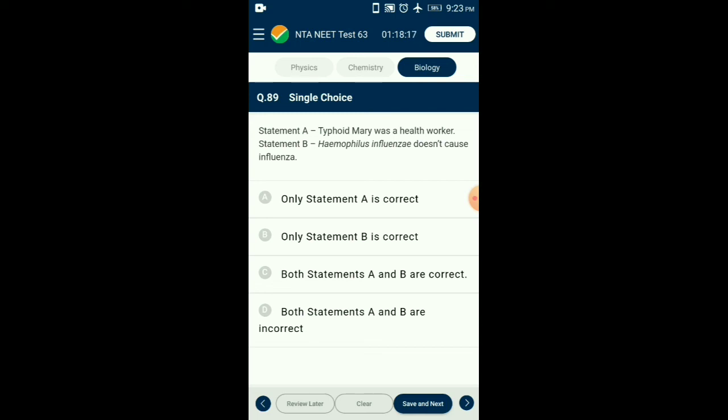She, a cook by profession, was a typhoid carrier and she continued to spread typhoid for many years through the food she prepared. Streptococcus pneumoniae and Haemophilus influenzae cause pneumonia, while influenza is caused by the influenza virus. So the answer is option B. From the given 2 statements, only statement B is correct.